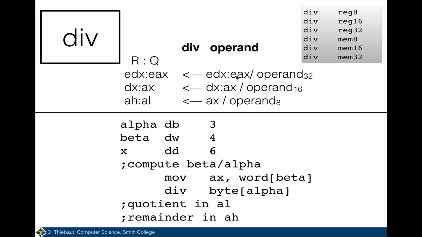So if MUL is multiply 32 by 32 gives you 64, the div says you take 64, you divide it by 32, and you get a 32-bit remainder and a 32-bit quotient, because it's the integer division. And the remainder will always be in either EDX or DX or AH, and the quotient will always be in EAX or AX or AL, depending on the size of what you started with.